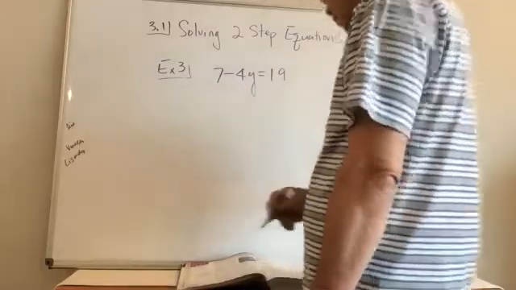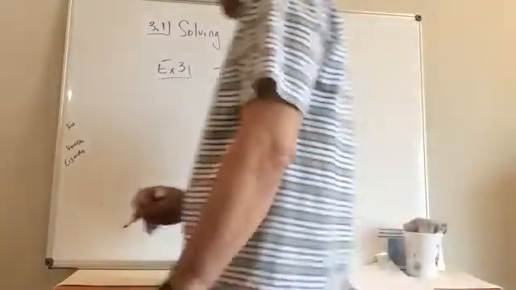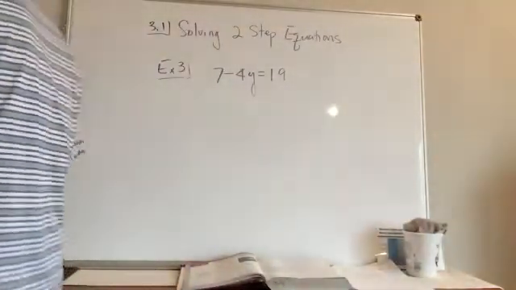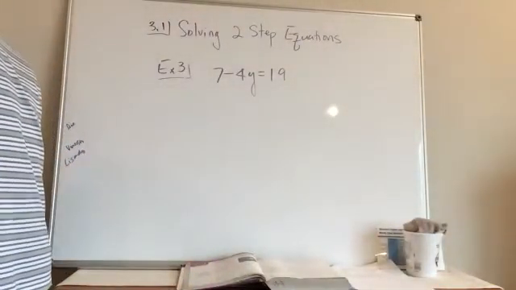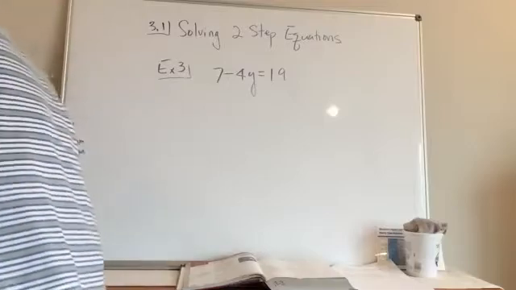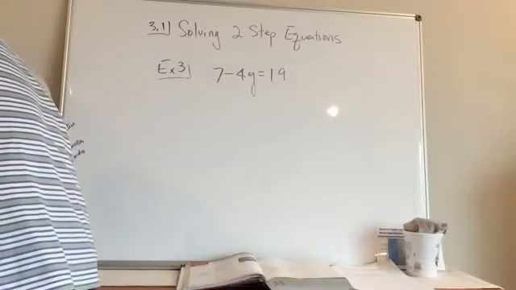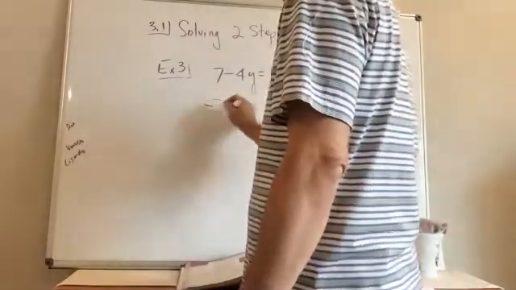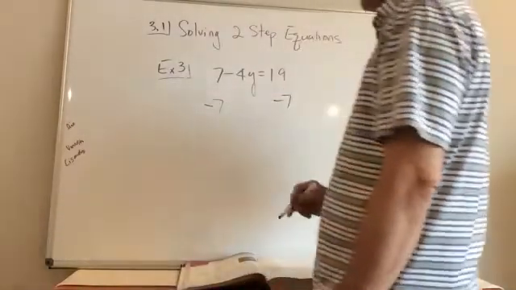How am I going to get rid of the 7? Logan? You're going to subtract 7. I'm going to subtract 7 from both sides. Exactly. Good job.